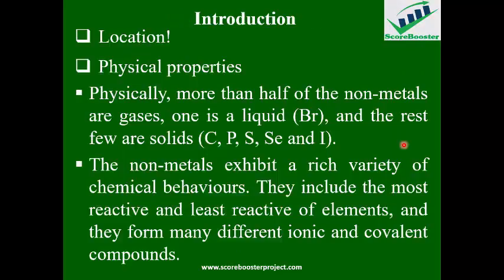So now we have talked about the location of them. Now, physical properties. Like I said, they are 17 in number in the periodic table. Physically, and under normal conditions, at room temperature, more than half of them are gases. Only one is a liquid, and that is bromine, and the other ones are solid, like carbon, like phosphorus, and others like that.